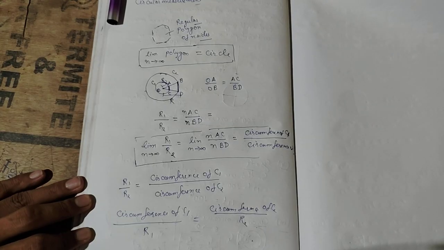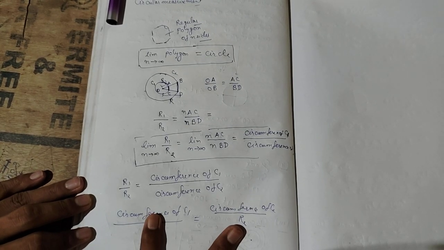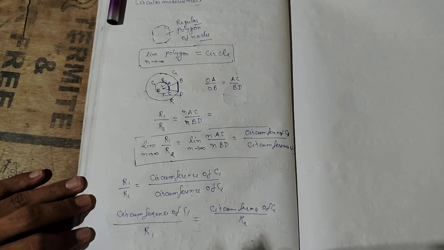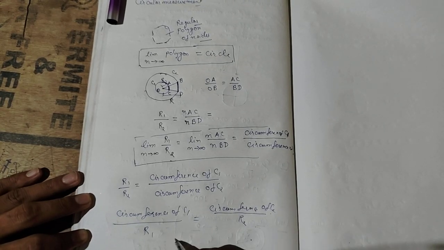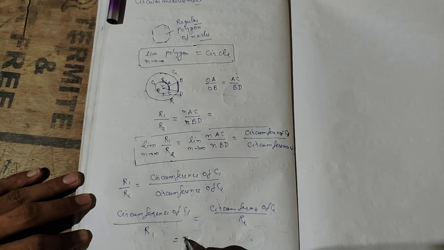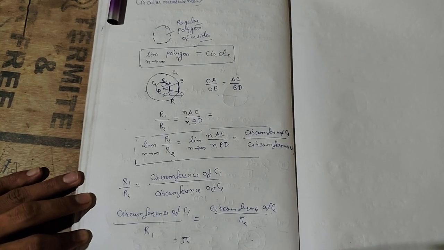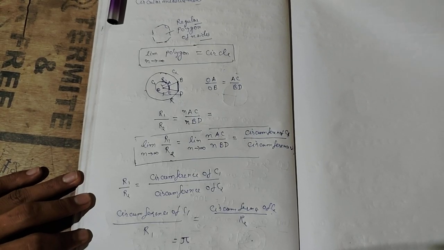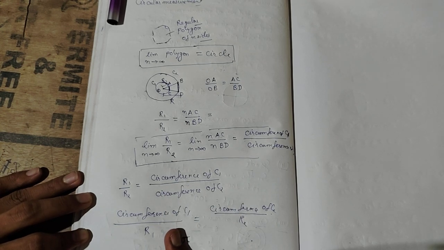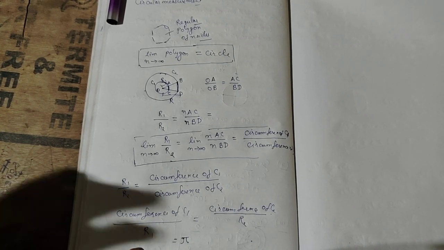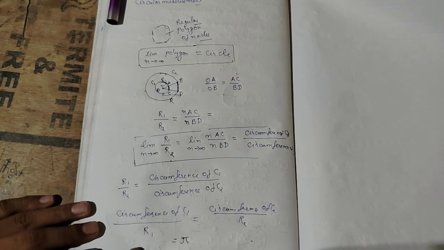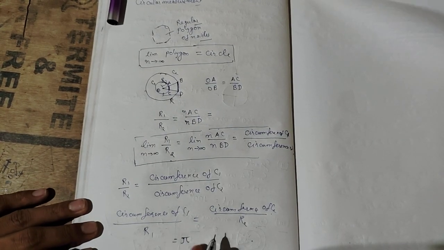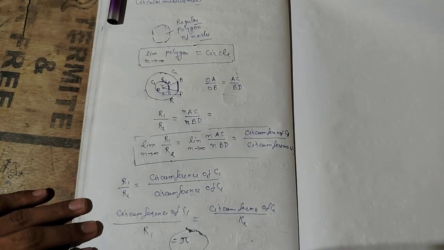Now we can see that this is always true, so it is a constant. We can say that constant is pi. So we have proved that for any circle, the circumference by the radius always comes to that ratio. That ratio we haven't found yet, and we don't need to find it.